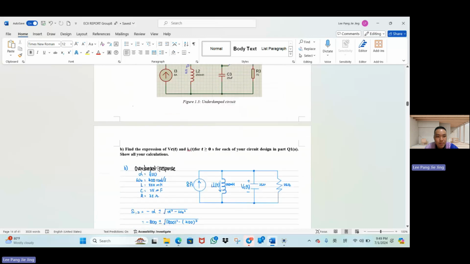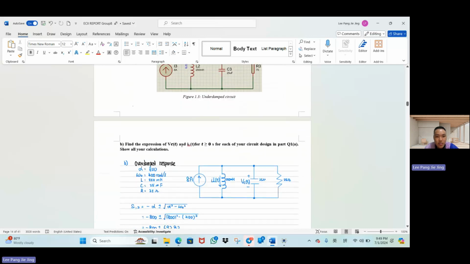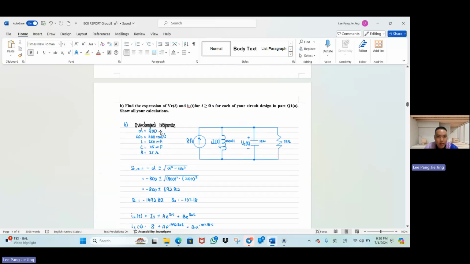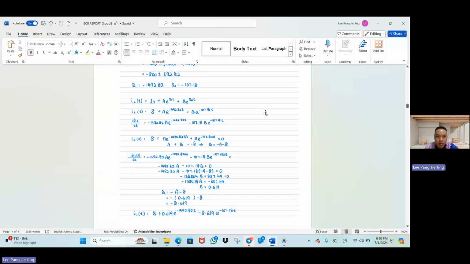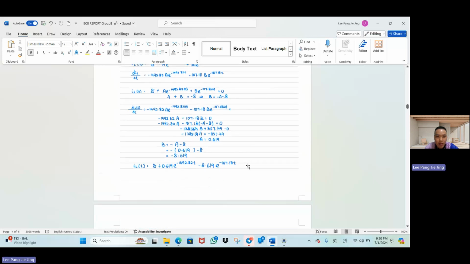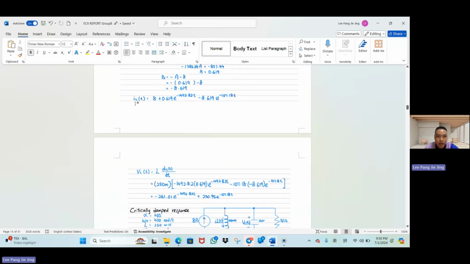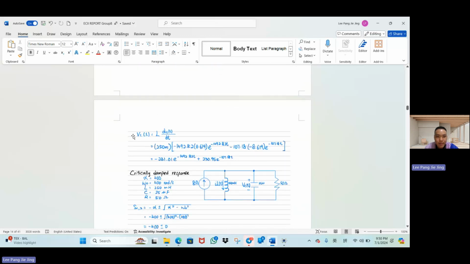For part B, find the expression of vC(t) and iL(t) for t greater than or equal to 0 seconds for each of your circuit designs in part Q1A and show all your calculation. For the overdamped response, this is the value, calculated using several methods, and we will show that the iL(t) expression for the overdamped response is this.